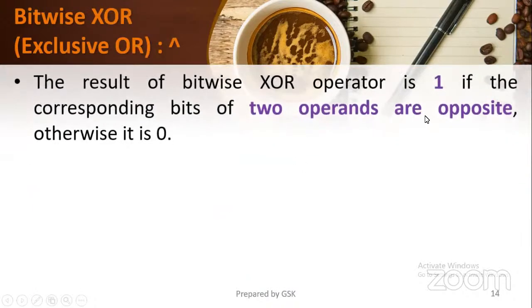And exclusive OR: the result of the bitwise exclusive OR operator is 1 if the corresponding bits of the two operands are opposite. This is the important part. Whenever we have two opposite values, only in that case is the final value 1. In all other cases, we get 0 as output.